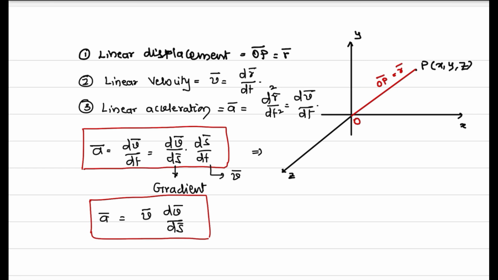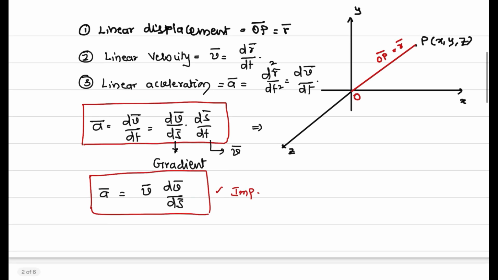Yes, we can write it like this. This is very important. If you know the velocity at a particular point of time, and if you know the gradient of the velocity, then you can get the acceleration. This is one of the important definitions which you are supposed to know.